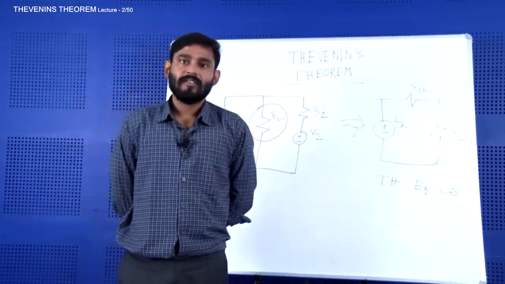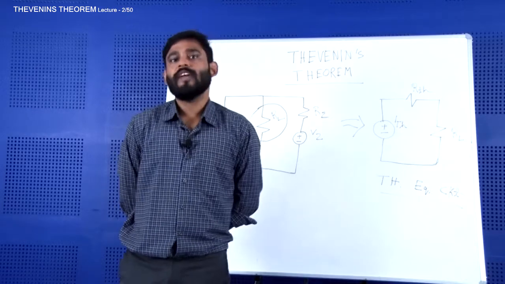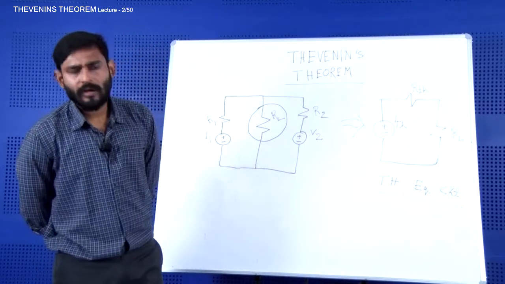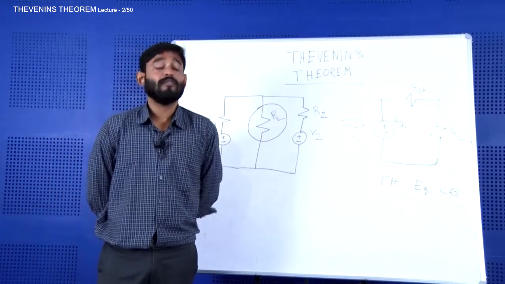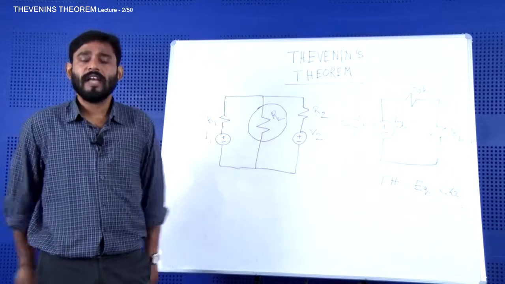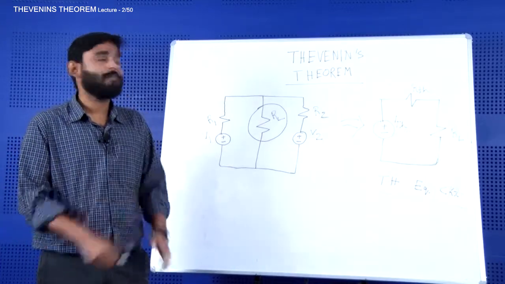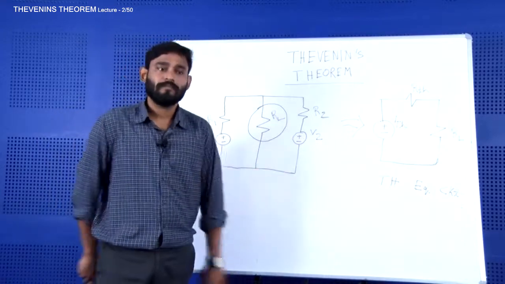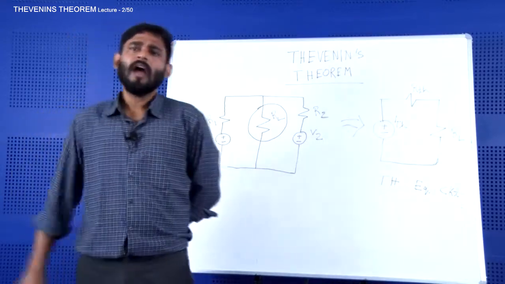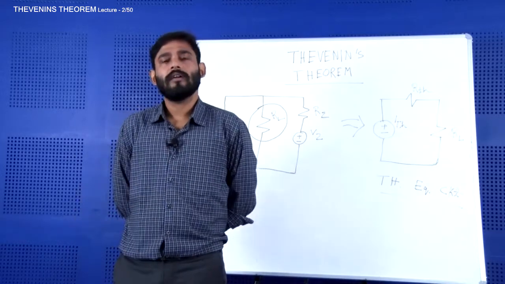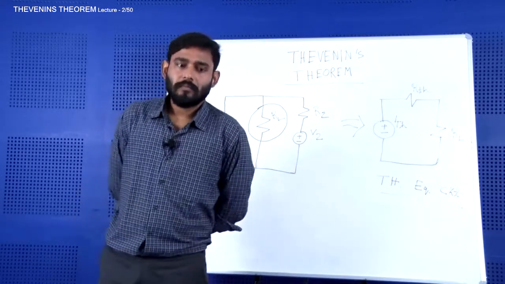Any appliance that basically consumes energy can be represented as a load resistance. For example, a motor, a generator, a fan, a light, anything can be represented with the use of a resistance RL. But how are you going to distinguish between a random resistance and RL?